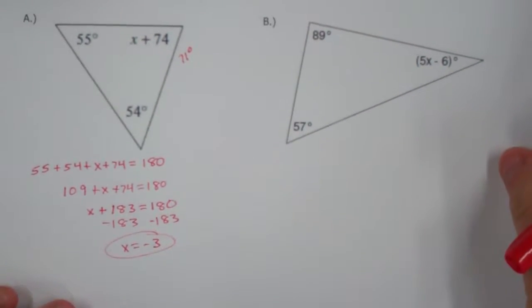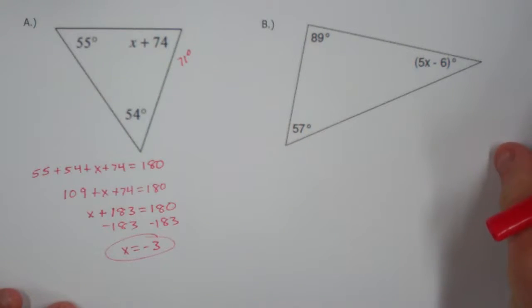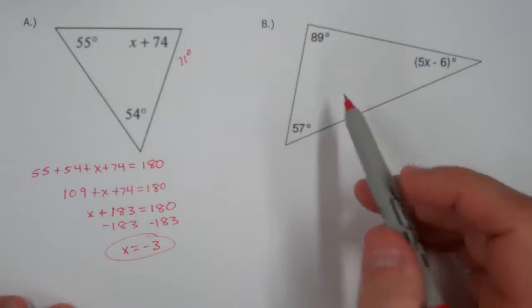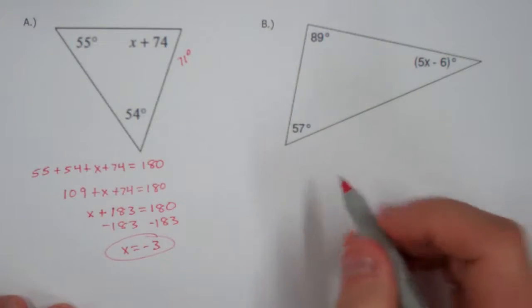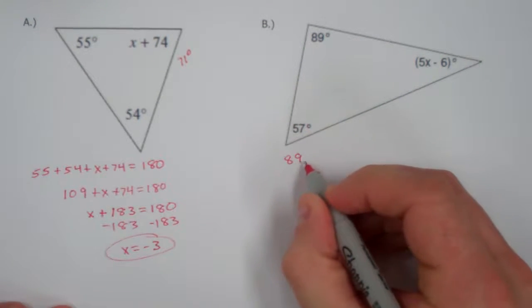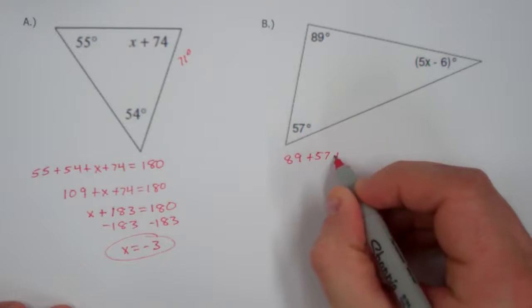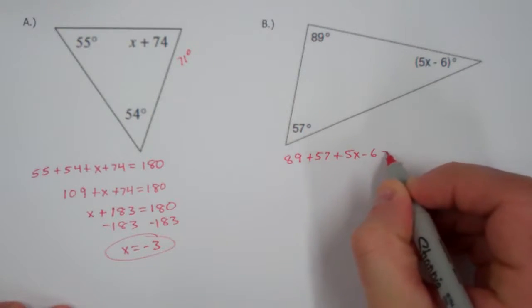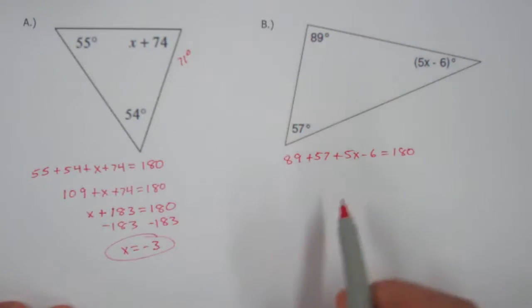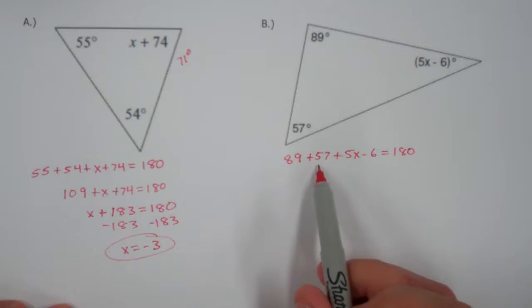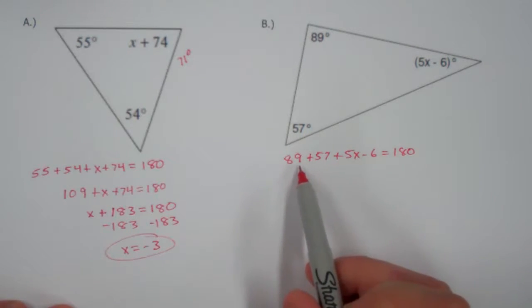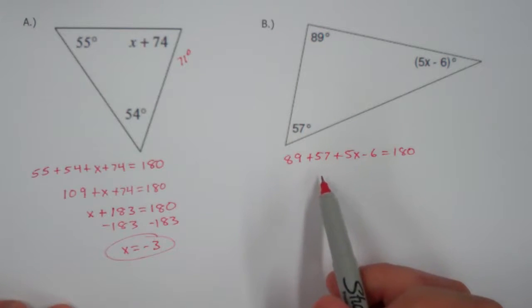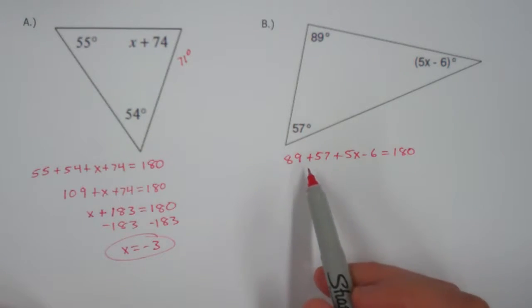-3. Let's take a look at example B here, and we're going to do the same thing actually, because we have a triangle and we know that all of these add up to 180. So we can do 89 plus 57 plus 5x minus 6 is equal to 180. Now when we do 89 and 57, we're going to add those together. Those are like terms. Those are called constants. No variable there, and constants are always like terms.